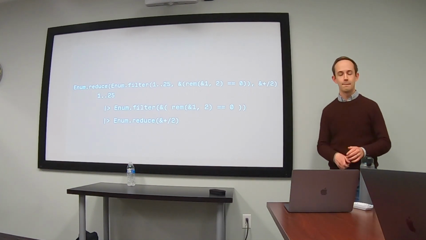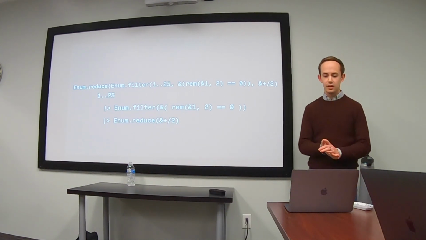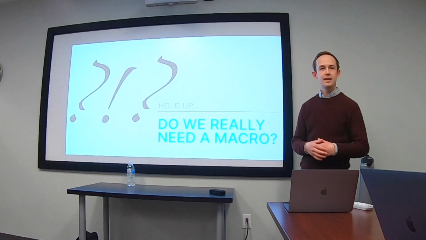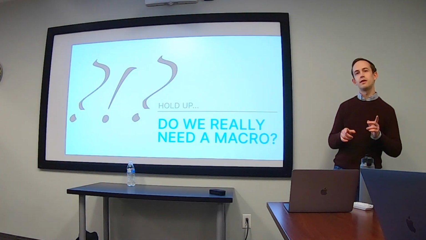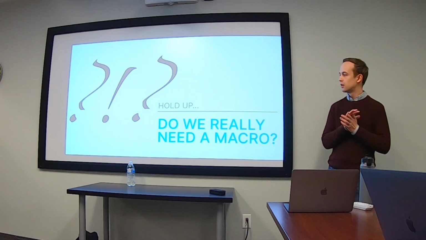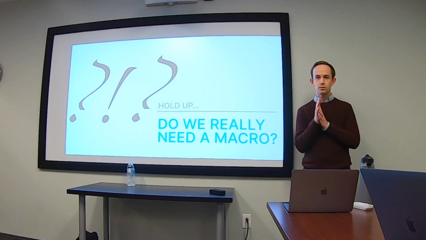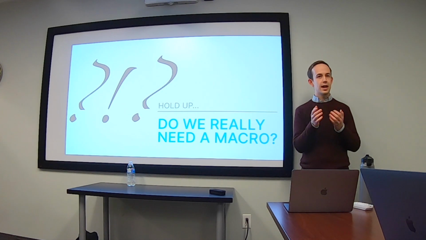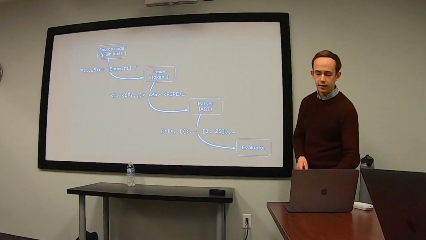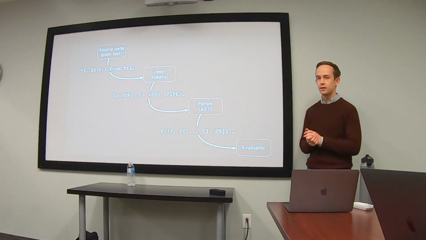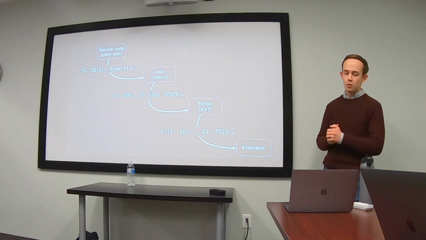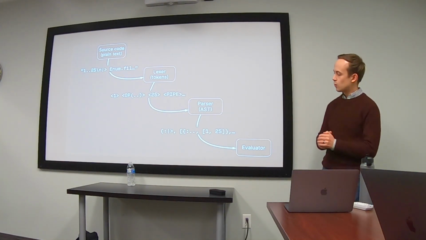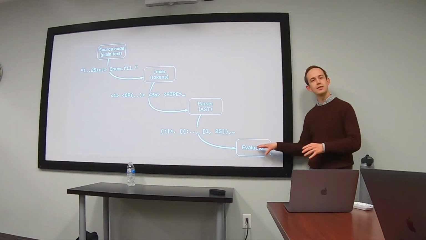Now the cool thing is this happens at compile time. And that's actually very important. There's a reason why we can't do this with functions, and that's because of a slightly modified schematic of what we did with Elixir. When you call a function, everything happens inside of this evaluator.